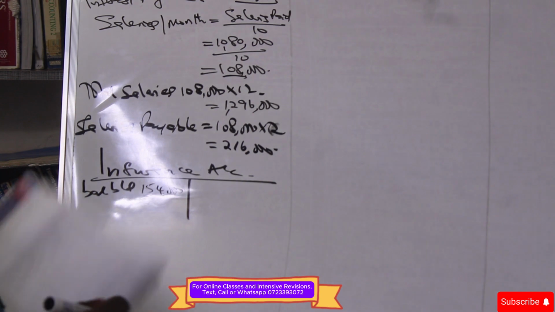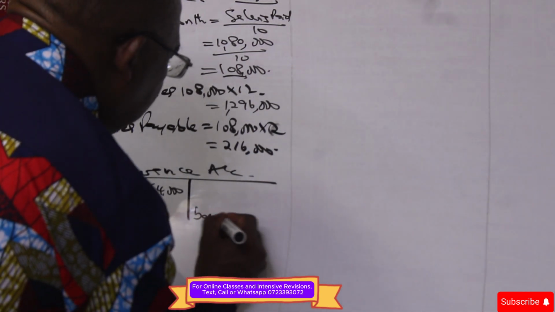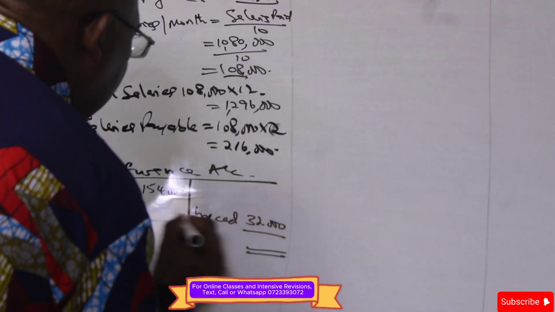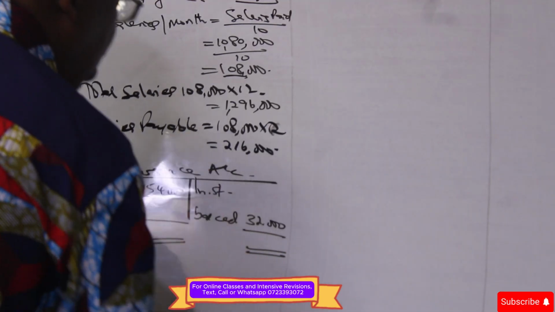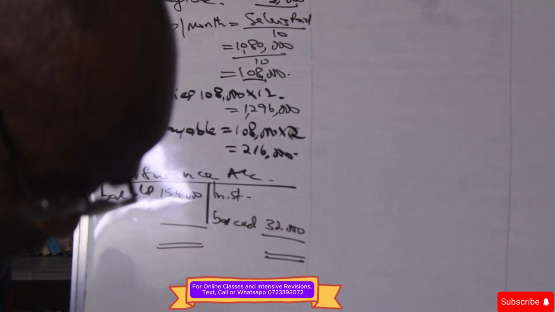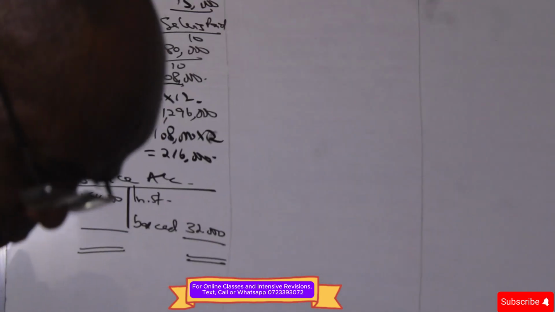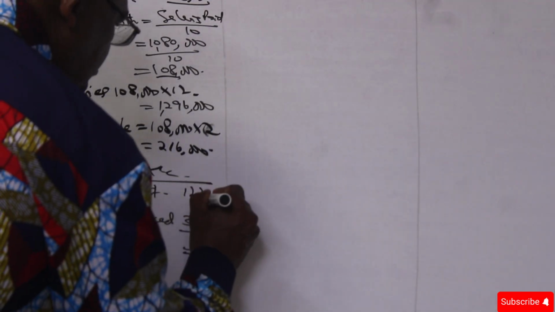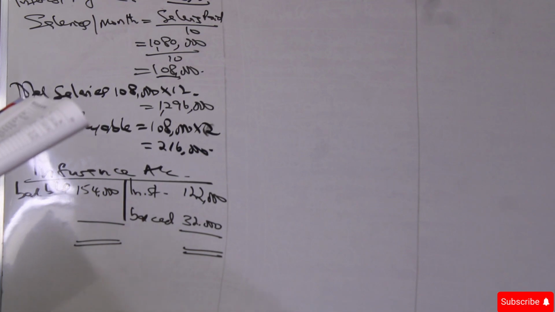We are told that 2,000 is prepaid, so it's not an expense and we don't take it to the income statement. So 154,000 minus 32,000, we only take 122,000 to the income statement as an expense.